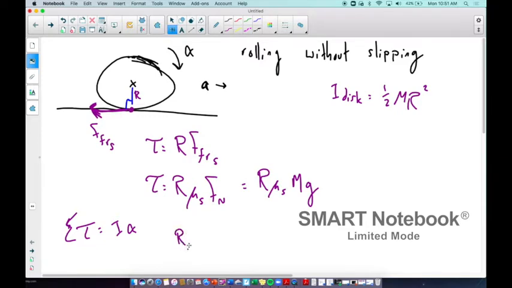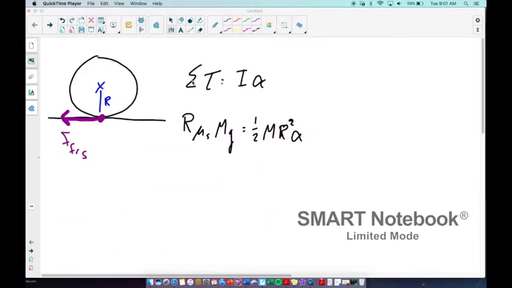So R mu S mg equals 1/2 M R squared alpha. Okay, so this is my Newton's second law equation for the net torque acting on the object. R times static force of friction here equals I alpha.